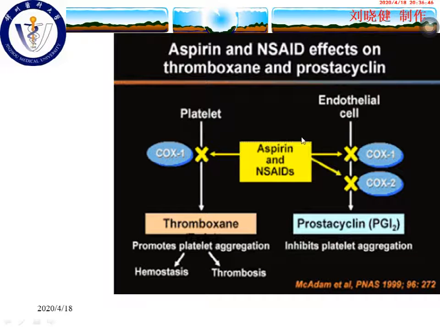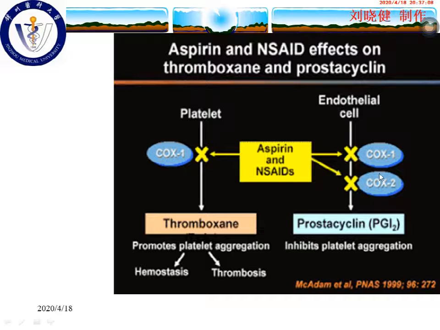COX-1 in platelets produces thromboxane. This substance promotes platelet aggregation and local vasoconstriction. It is related to hemostasis and thrombosis.